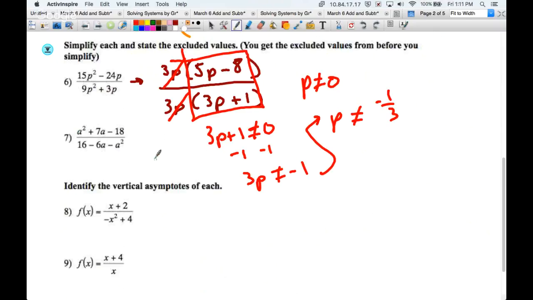Let's take a look at 7. Make sure we can factor this here, and then we'll move on. Two numbers that multiply to be negative 18 and add to be 7. That's going to be positive 9 and negative 2.